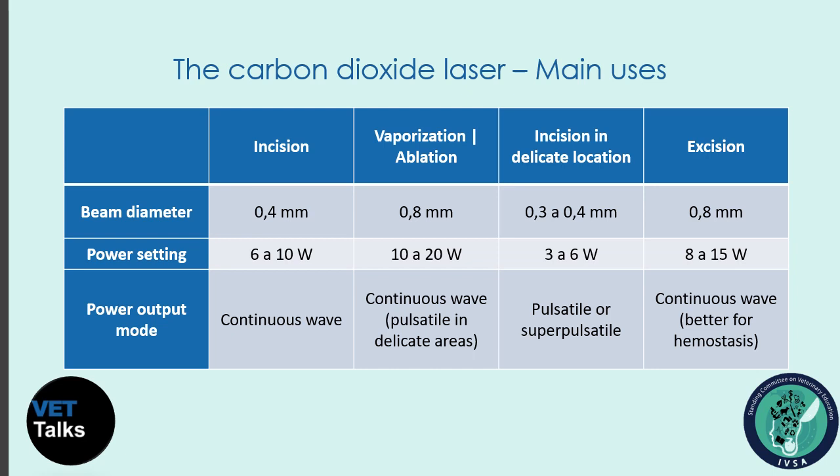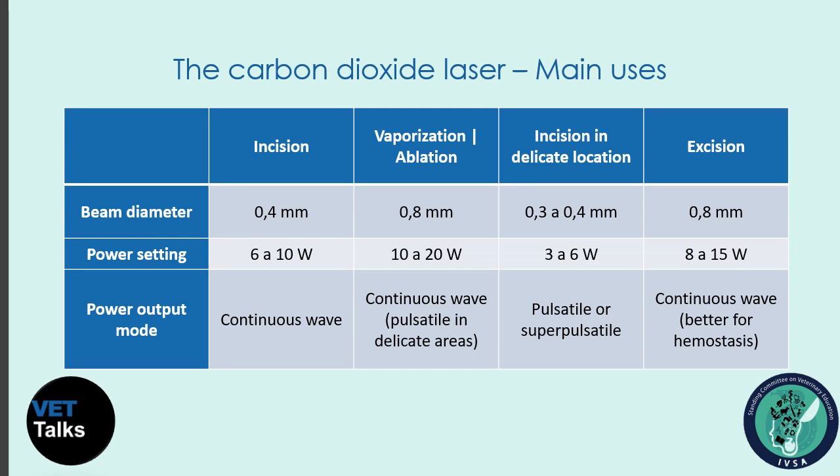So this is a chart where we have a summary of all the main uses of a carbon dioxide laser, which are incision, vaporization, incision in delicate locations, and excision, and it also says the best beam diameter, power setting, and power output mode for each use.